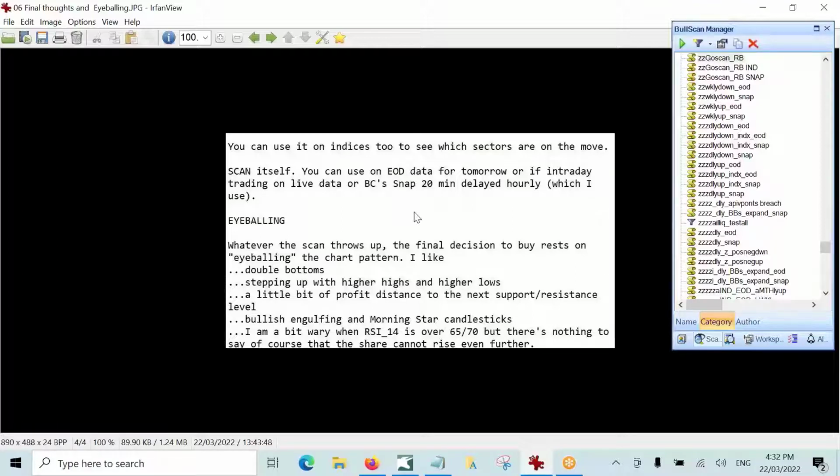When I'm actually eyeballing the chart, whatever the scan happens to throw up, the final decision to buy rests on me looking at the chart. And I like double bottoms. I like that Dow theory is stepping up with higher highs and higher lows, as though the share is just begging to go higher and higher. I like to see a little bit of profit distance to the next support resistance level, or even blue sky. That'd be wonderful.